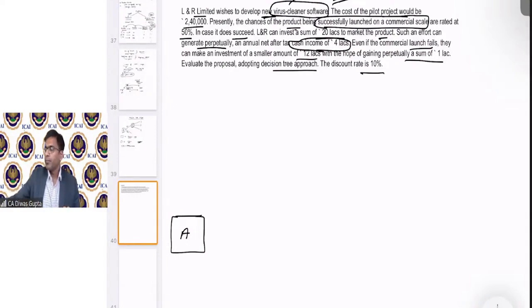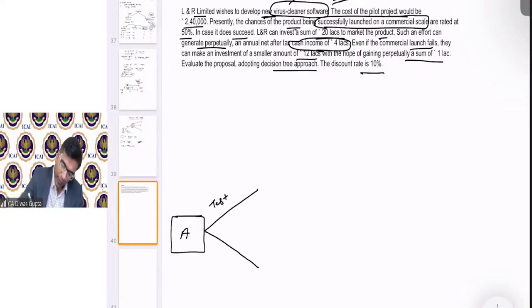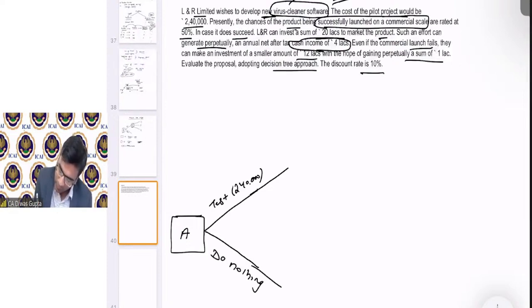So there will be two decisions. The first decision is to test by spending 2,40,000. The other is to do nothing. I have one decision point which has two outcomes: one is do nothing, one is test.